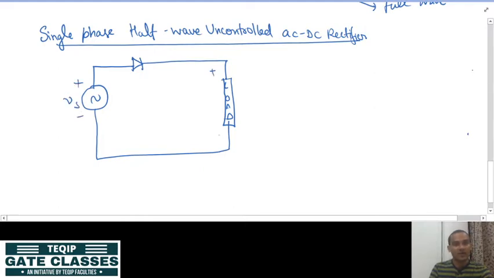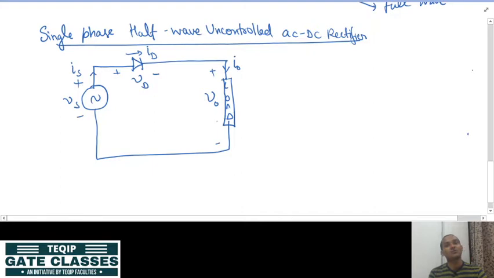Whatever values I am showing here are all instantaneous values, not average values or RMS values. In basic electrical courses you have studied that small letters in AC circuits represent instantaneous values. So, this is diode, VD diode voltage, this is current reference, voltage reference, this is also current reference, voltage reference, and this is also current reference, voltage reference of diode.